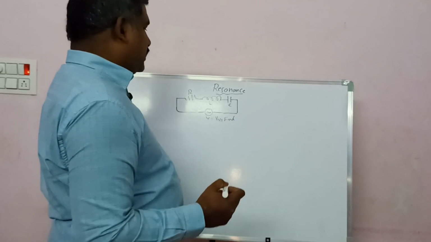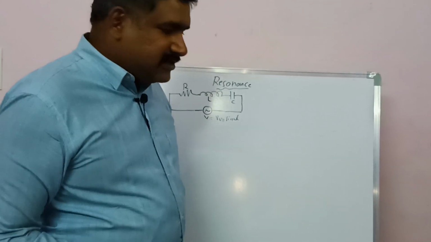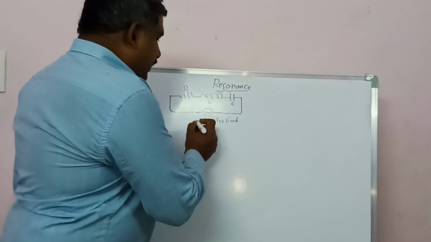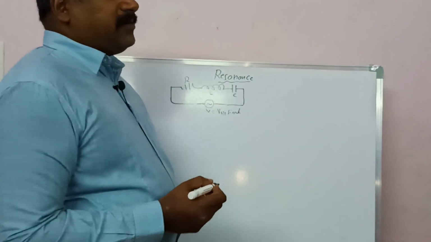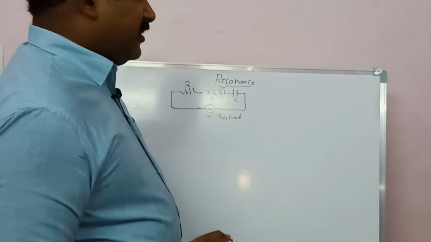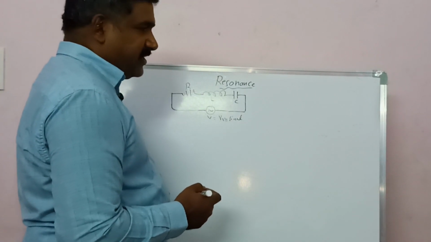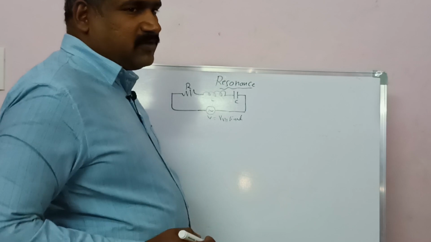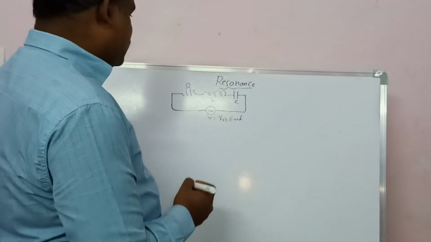And see here, as far as electrical resonance is concerned, we vary the important parameter called frequency. Once the frequency is varied, resonance can be established in an electrical circuit.